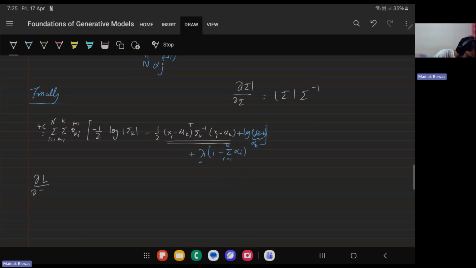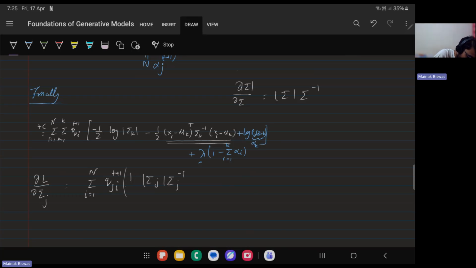So dL/dSigma_j is clearly the sum over i equal to 1 to n of, minus can be removed because we have a minus throughout, q_ji^(t+1) Sigma_j inverse.